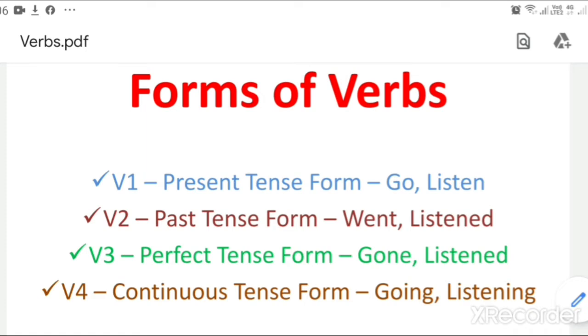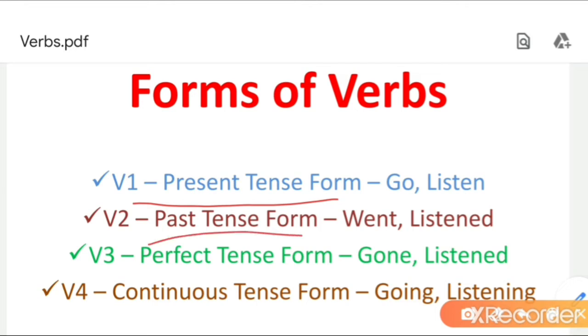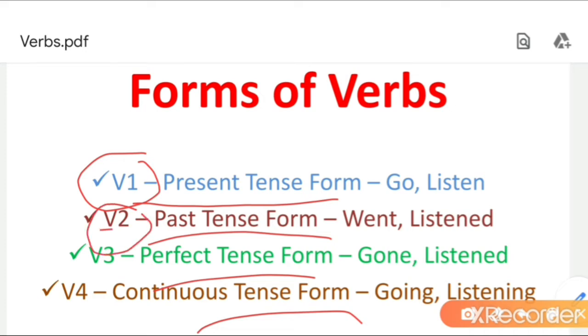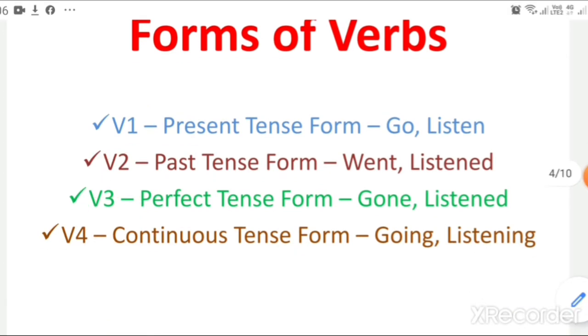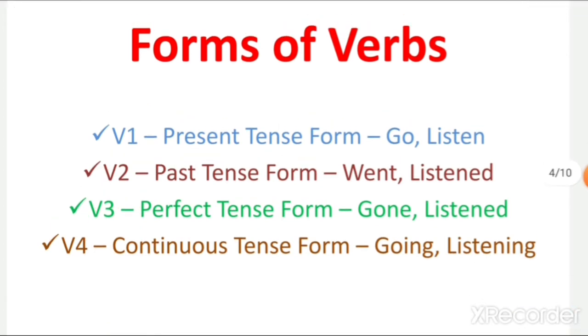But we are going to use them in English speaking, so we will make it very simple and easy. I have written here V1, V2, V3 and V4 for our convenience. We can easily remember these 4 forms.